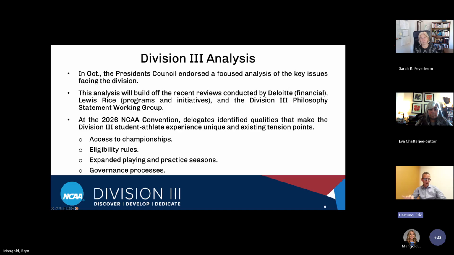That's number 2. The third one is around, and actually some of this fits in with what Eva and Sarah described, about playing and practice seasons.